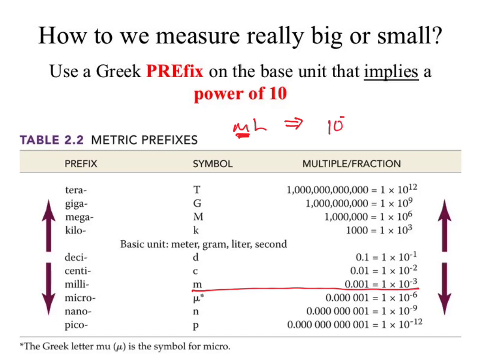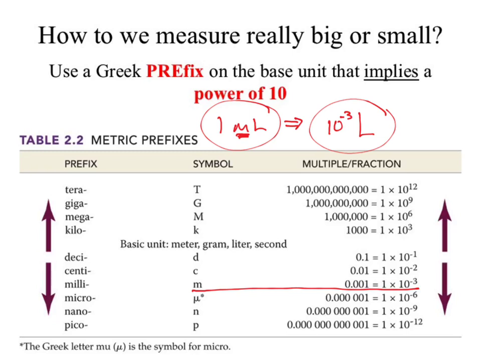It means 10 to the minus 3. It's still liters. 1 milliliter is 10 to the minus 3 liters. It literally translates straight out of the language of knowing what those prefixes are.